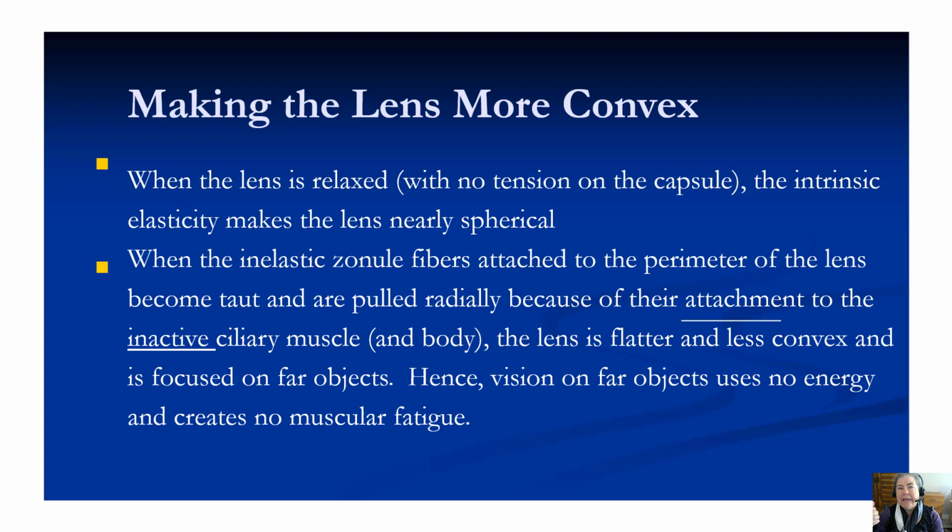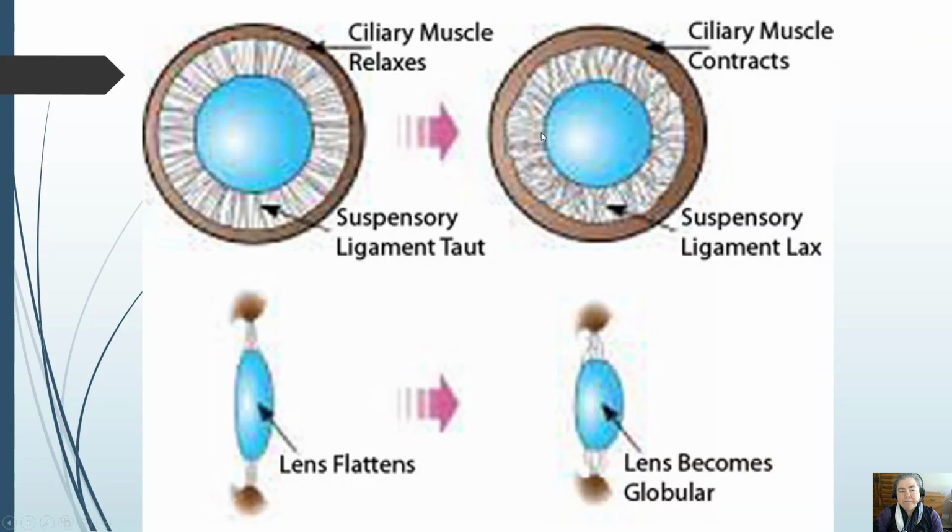When you're looking near, the ciliary muscle is contracted and tension on the lens is released and the lens becomes round. That uses more energy and creates more fatigue than looking far away.